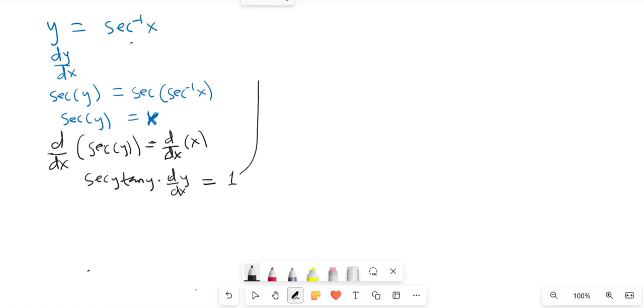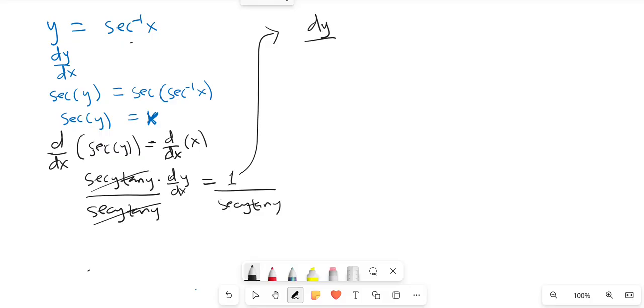Now, I'm going to continue from here. You can divide both sides by secant y tangent y, so this will cancel that. We are left with dy/dx equal to 1 over secant y tangent y.